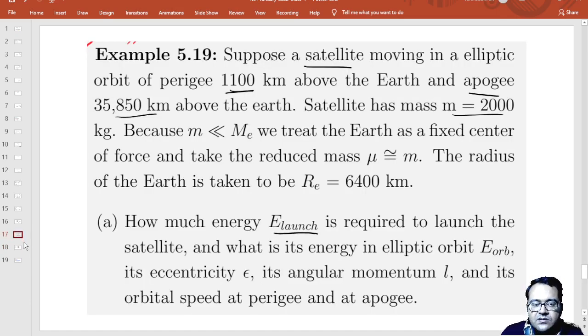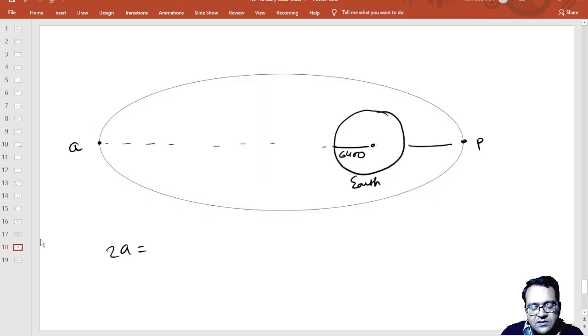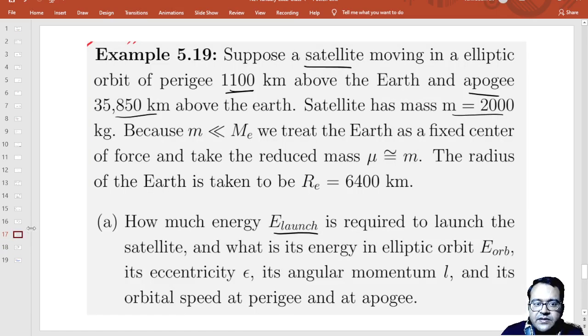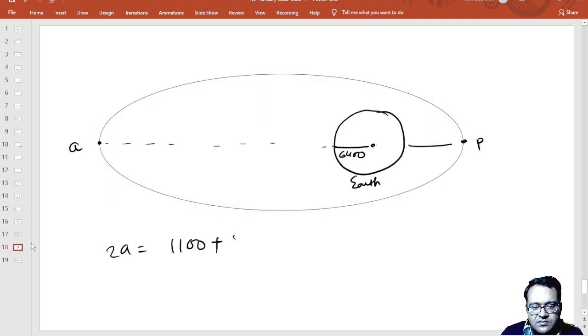So, perigee and apogee: the total 2a is the perigee 1100 plus the apogee 35,850 plus this 12,800. So you get something like 36,900, 47.